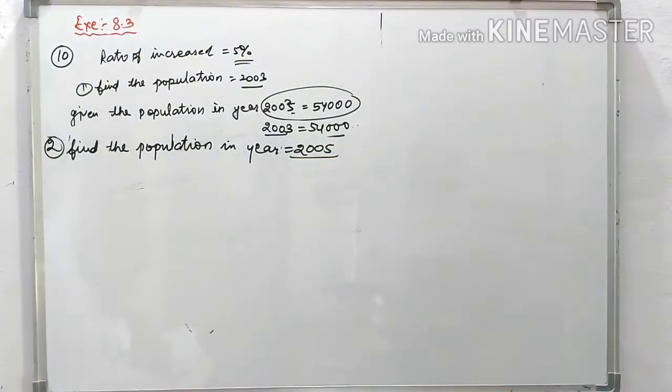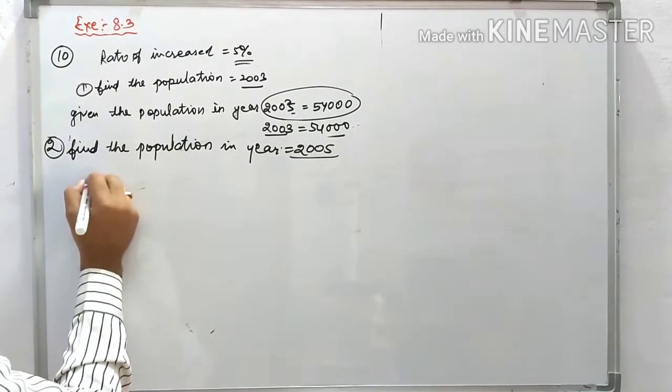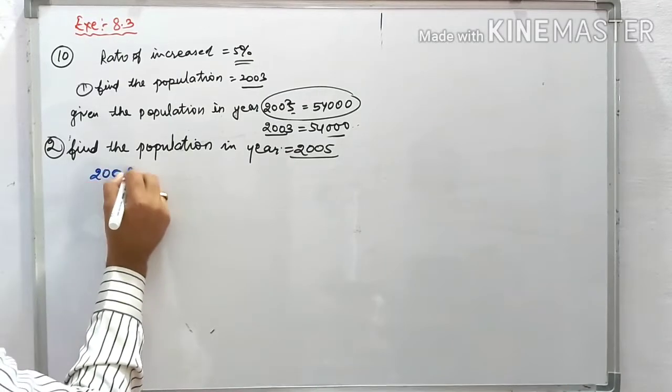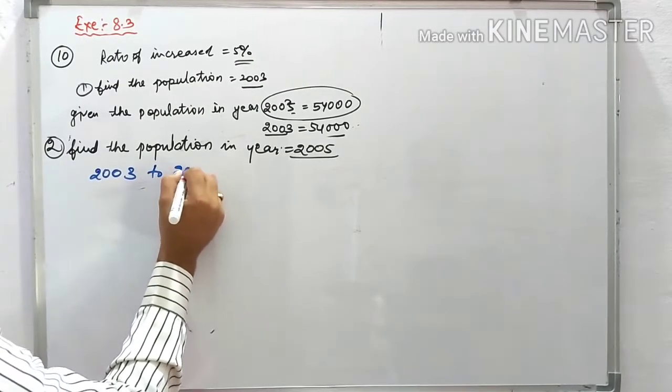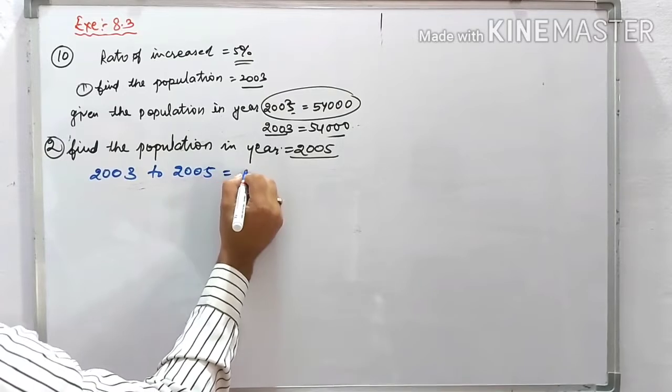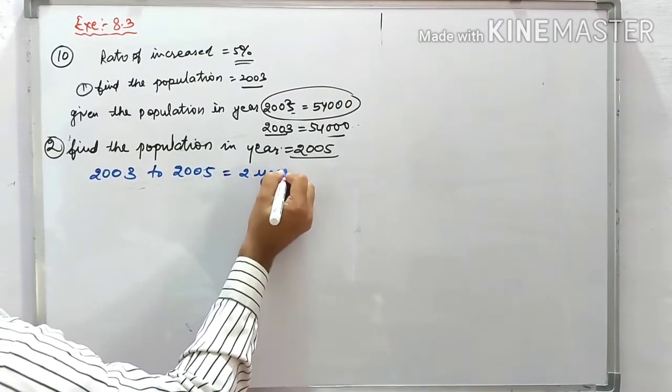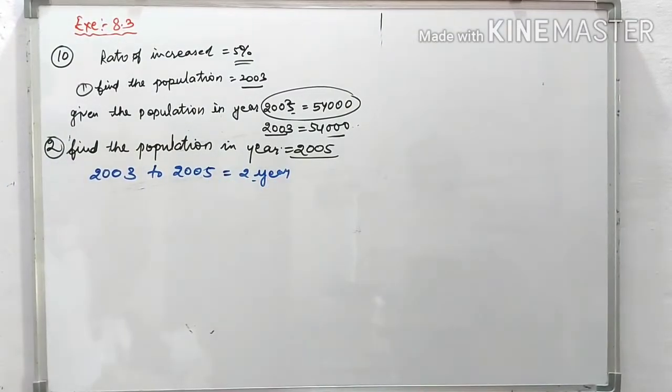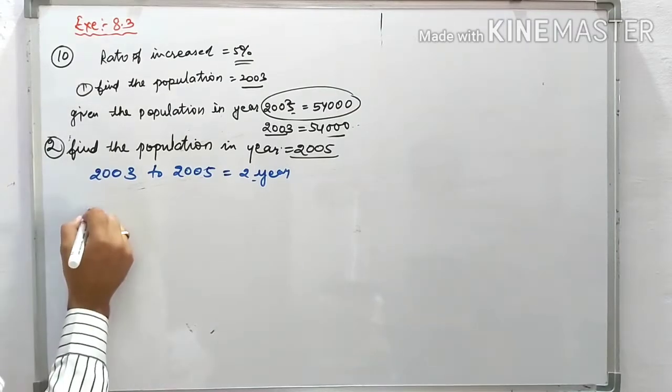From 2003 to 2005 means 2 years, so the time is 2 years.